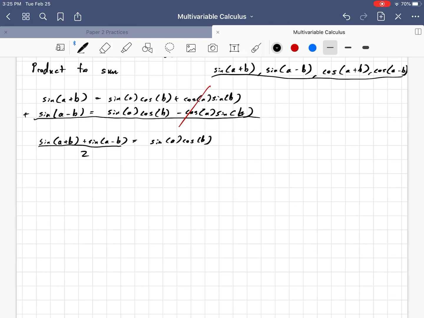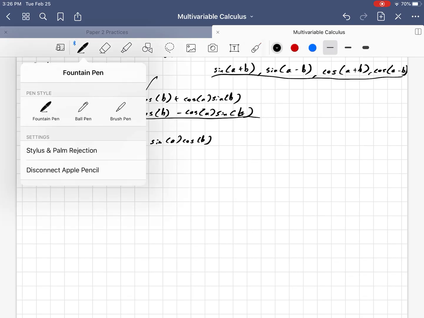If I subtracted the two, let's try that now. If instead I subtracted these two, then this would cancel, and I would have a minus a negative right here, so that would become a positive.